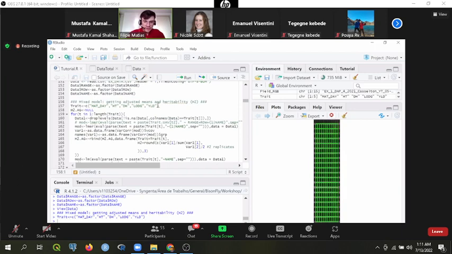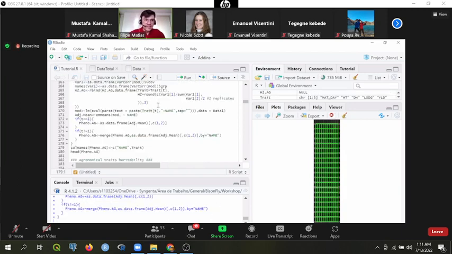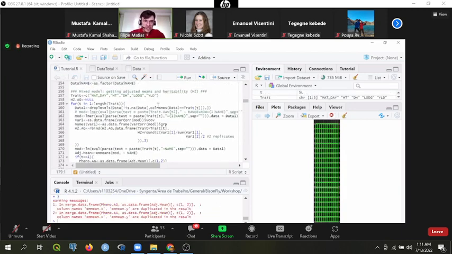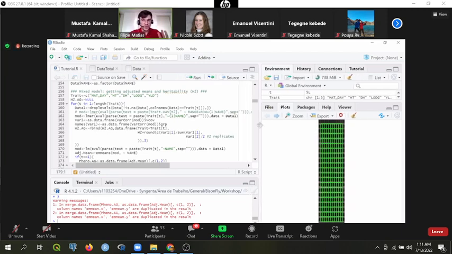Here is just a loop again for calculating everything at once, just to explain what we are doing in a very fast way. So take your time to digest and go slowly in the code here. We are using the most simple model, which is basically the trait compared to the genotype, in a completely randomized design.